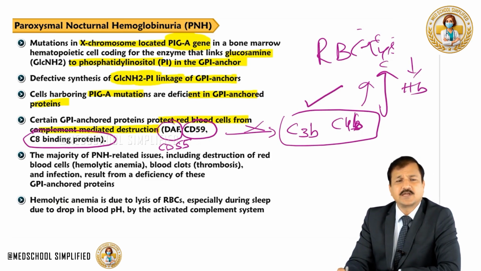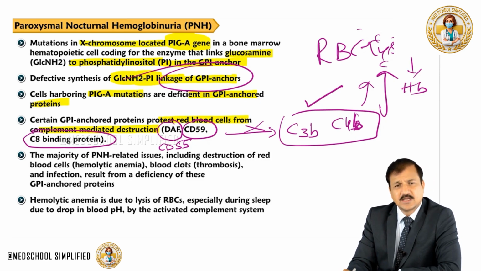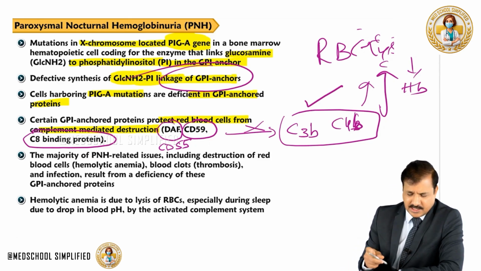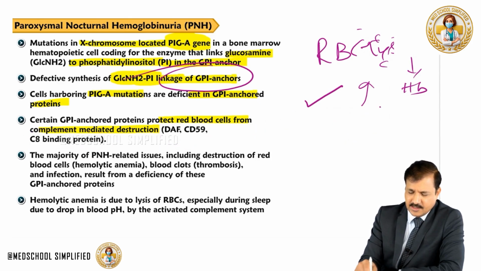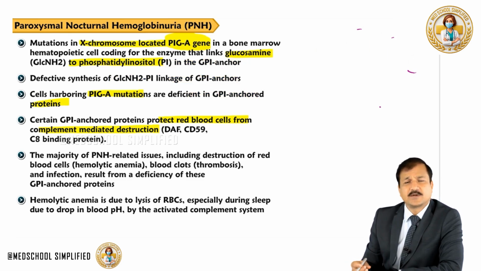Not having DAF, CD59 and C8 binding protein expressed over the red blood cell membrane because of defect in GPI anchors will lead to changes in our body, especially in hematopoietic cells. So what are the major issues that we see in paroxysmal nocturnal hemoglobinuria because of not having DAF, CD59 and C8 binding proteins over the red blood cell membrane and other hematopoietic cells, and even other cells?